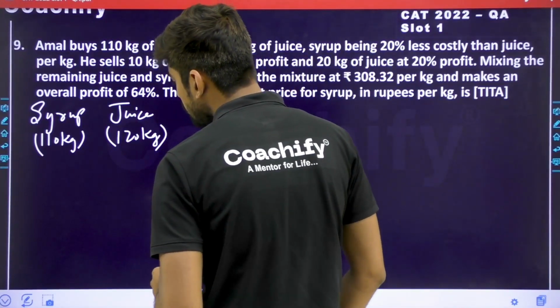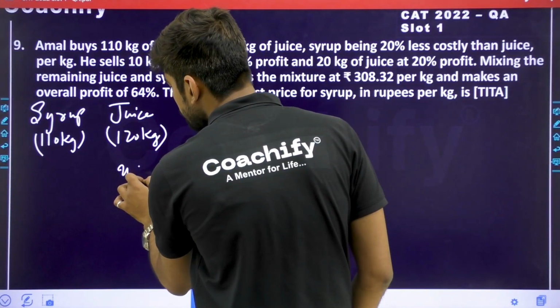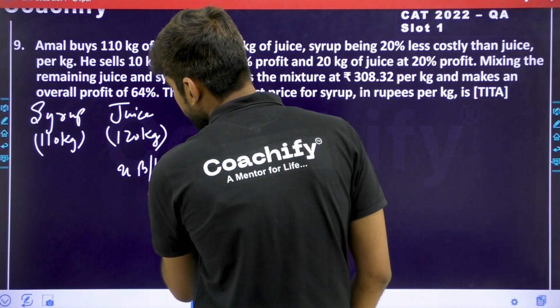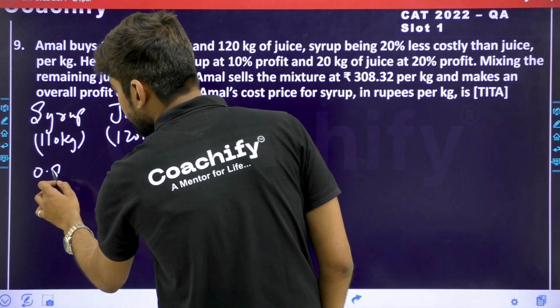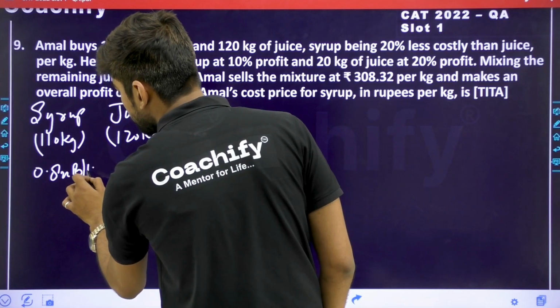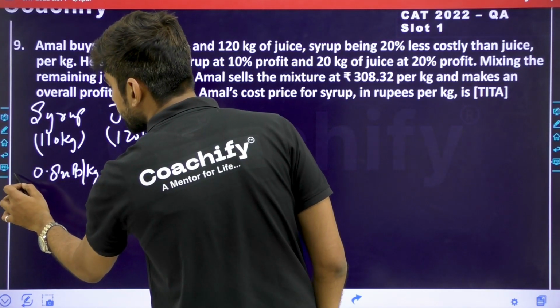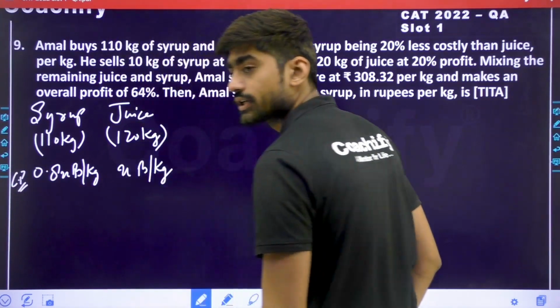So if I take the cost price of juice as x rupees per kg, syrup is 0.8x rupees per kg. This is my cost price per kg.